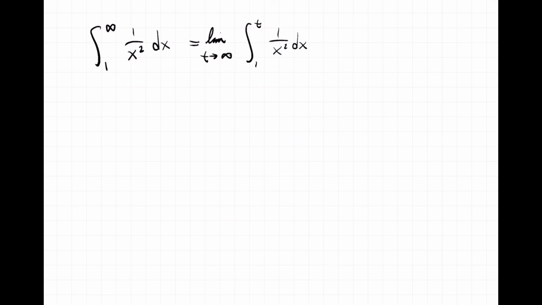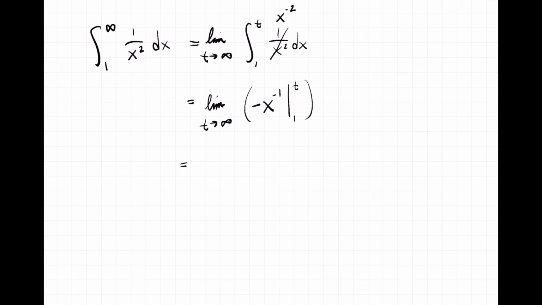Let's work this out. First of all, 1 over x squared is actually x to the negative 2. So if we want to find the integral of that, the antiderivative is going to be negative x to the negative 1. That's going from 1 to t. But we're finding the limit as t goes to infinity.